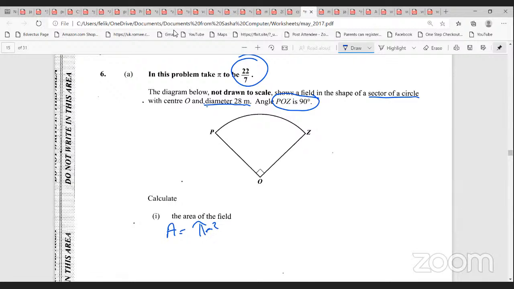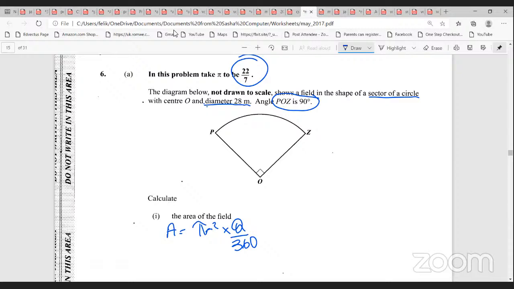And what's the next part? Times, Miss, something over 360. Okay, something over 360. So we're going to write that symbol, which is theta over 360. All right, well done, Johnny. So that's the formula for finding area of a sector.